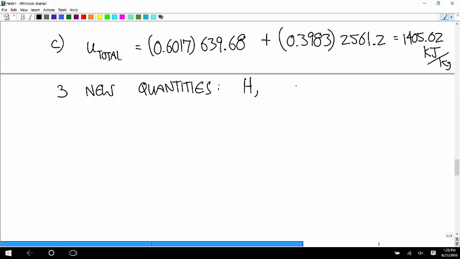And then there is lowercase c sub v and lowercase c sub p. And these are the specific heats. This is enthalpy.